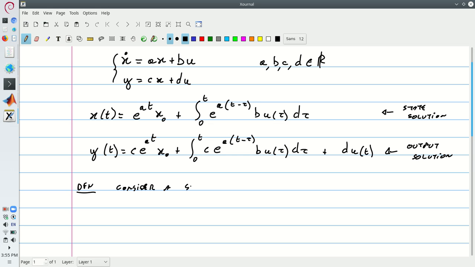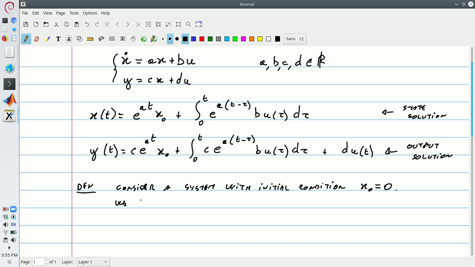So, definition: consider a system with initial condition x0 equal to 0.